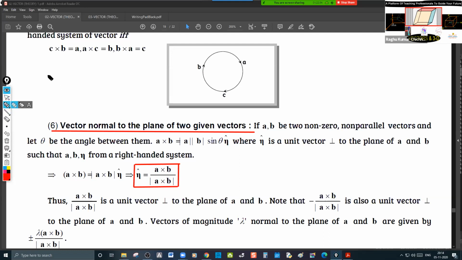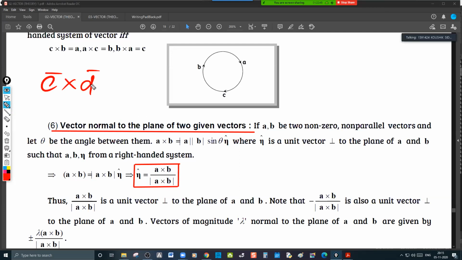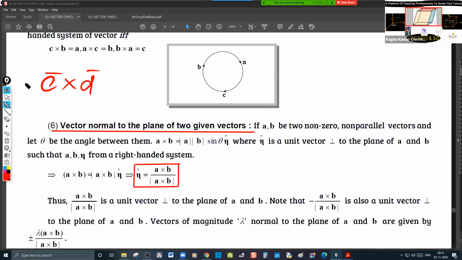Vineet, if I say something like C bar cross D bar, let me ask you a question now. What is the angle between C bar, comma, C bar cross D bar?